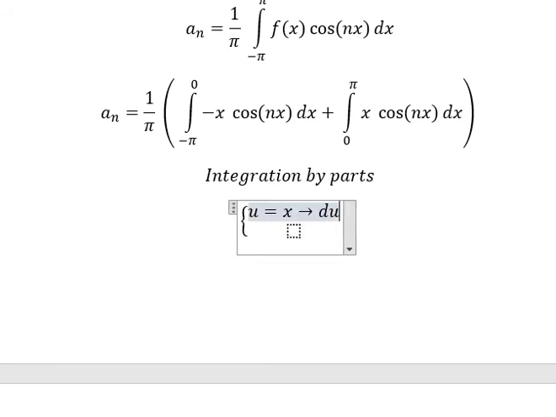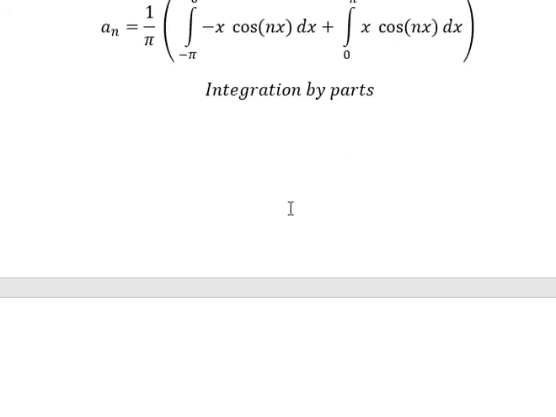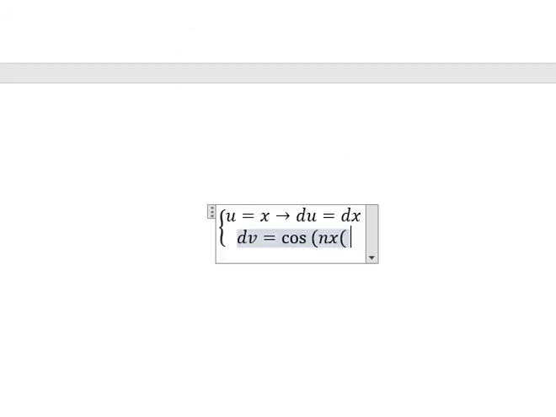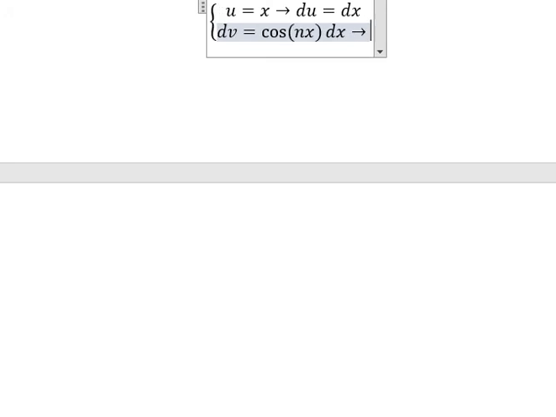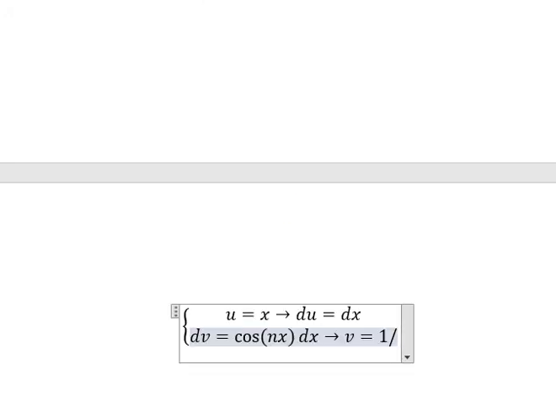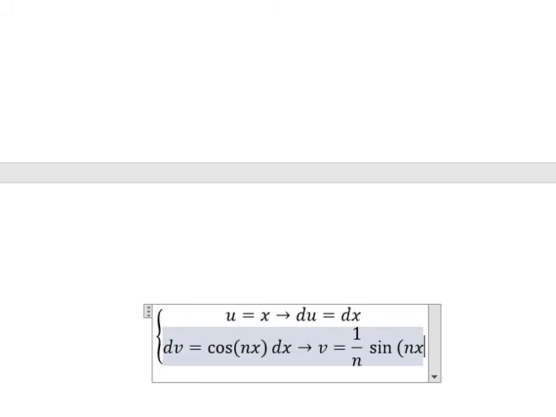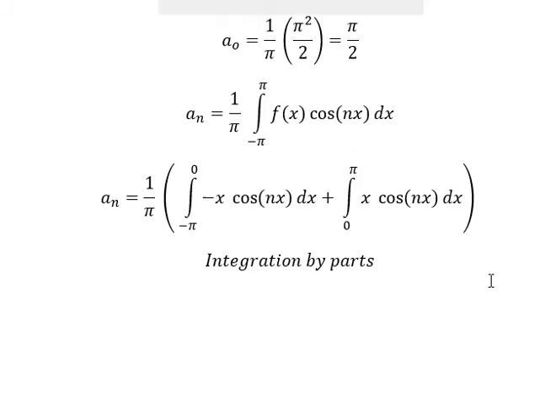So we do first the derivative for both sides. dv is cosine ns. So the integration of this one, we have v equals 1 over n sine ns.